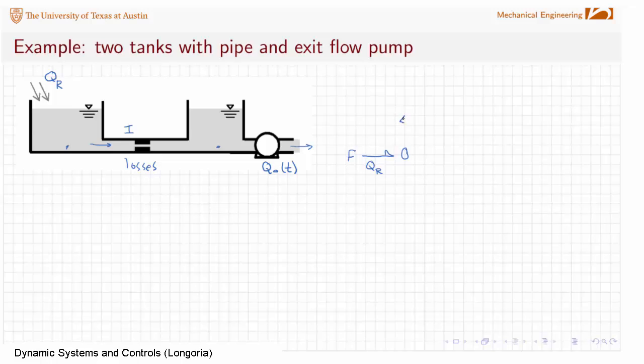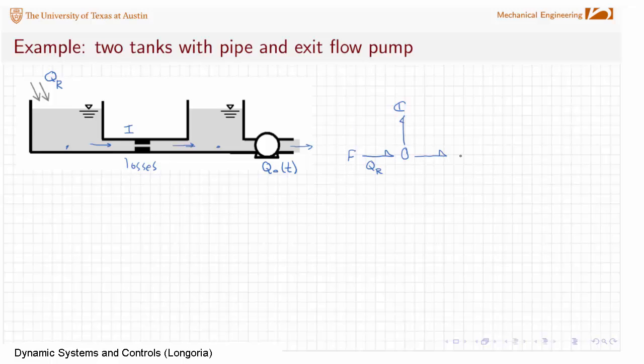We've got flow being accumulated in a tank, and then we've got some leaving. The flow that enters has to leave, so the flow that's coming in is equal to the flow coming out, but there's inertia and there's some losses.